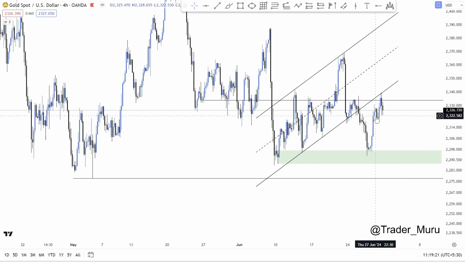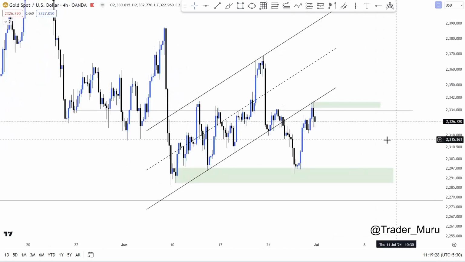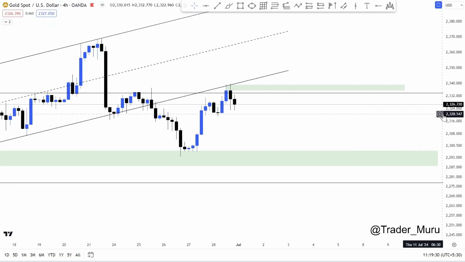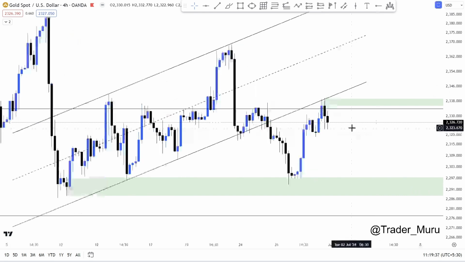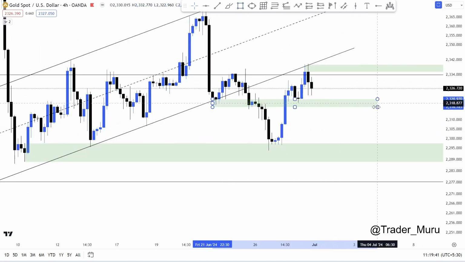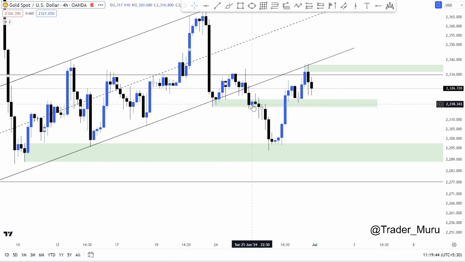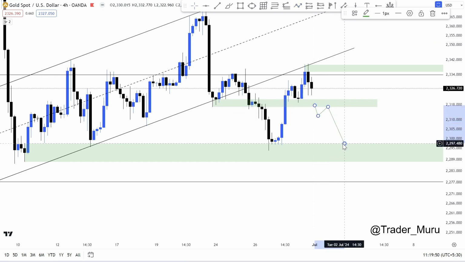In the 4 hour we can say gold needs to break this upper zone which is acting as resistance right now for more upside, and if gold breaks this low, you can see this support area like this, then we can expect a drop again.